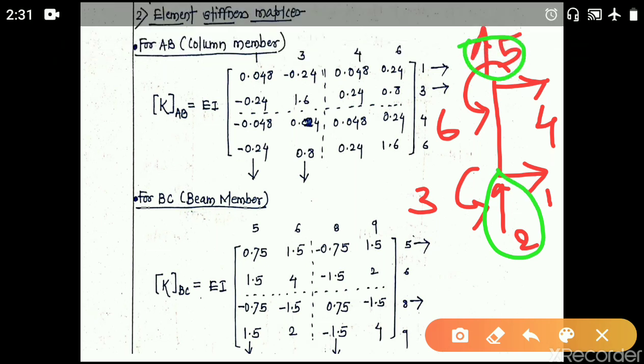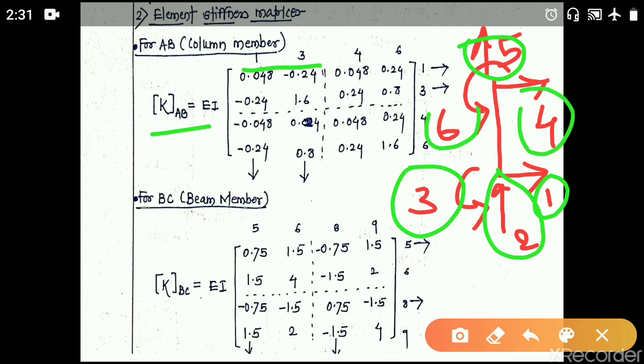So the numbering for associated displacement for this AB member is simply 1, 3 at joint A, and at joint B 4 and 6. This way the associated displacements are written here: 1, 3, 4, 6.